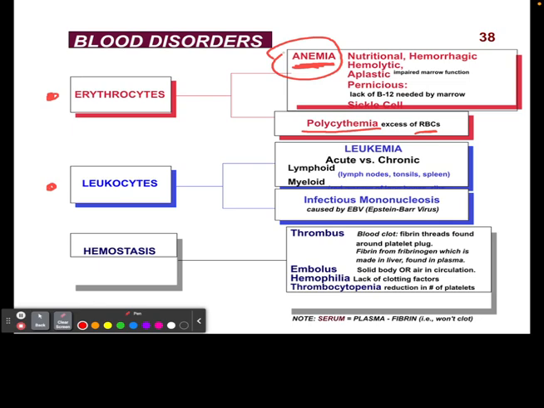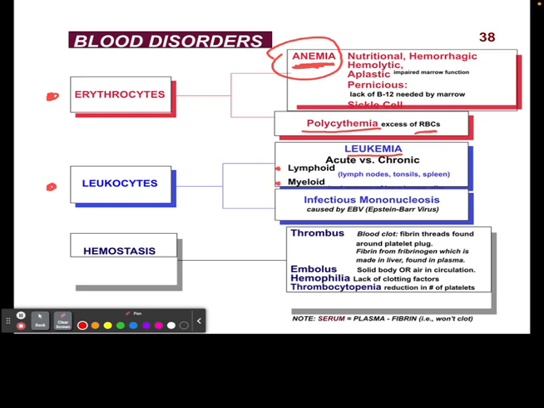White blood cells or leukocytes. So when it comes to white blood cells, the most common disorder that we may have heard about is leukemia. There are many types of leukemia, but the two major categories that we're going to discuss are lymphoid and myeloid.